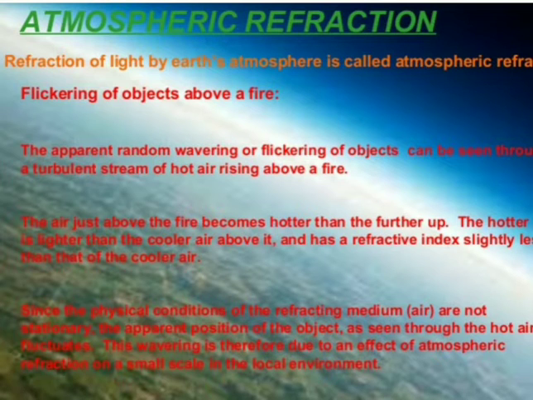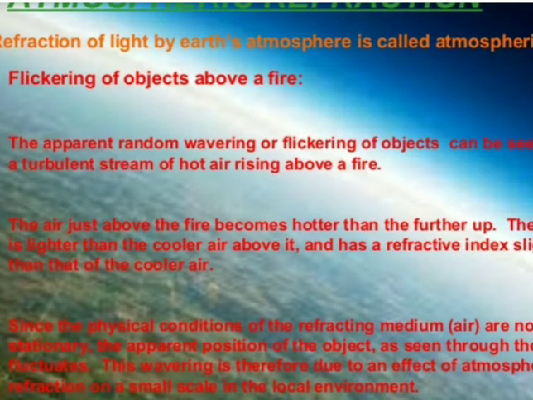How does it happen? It happens due to the apparent random wavering or flickering of the object. Why? Since whenever there is fire, the air becomes hot. Hot means it becomes rare, isn't it? And whenever light travels from a rare medium to a denser one, it always bends towards the normal, isn't it?